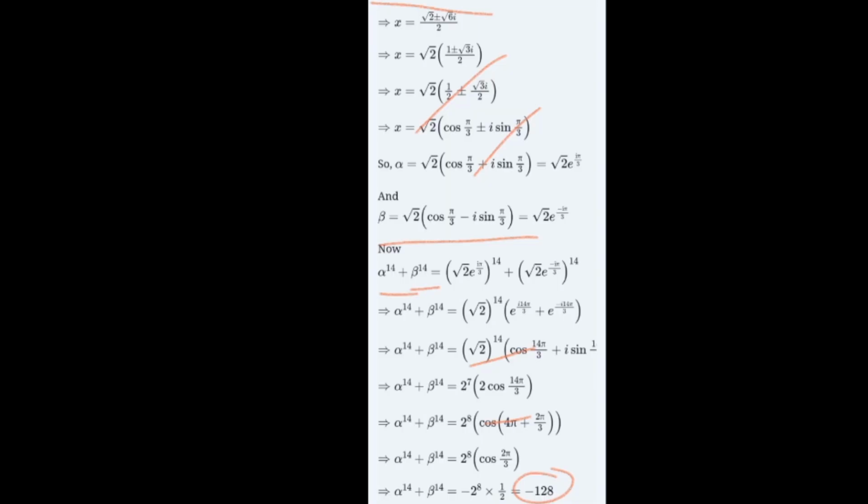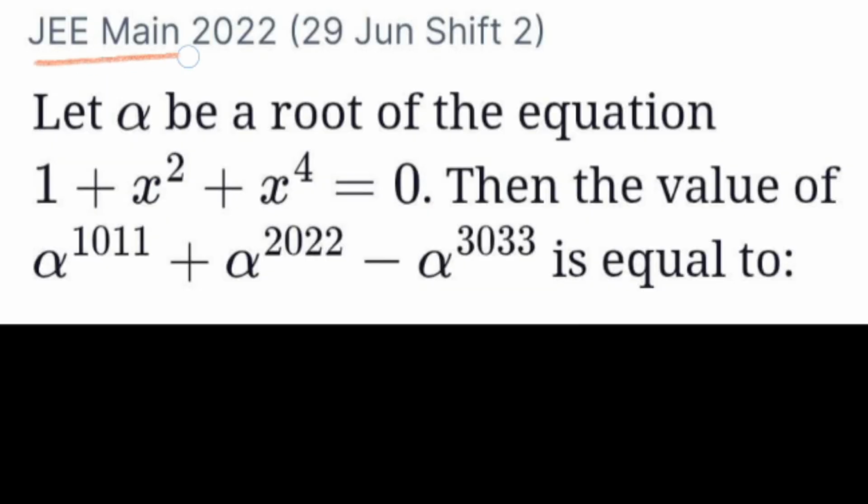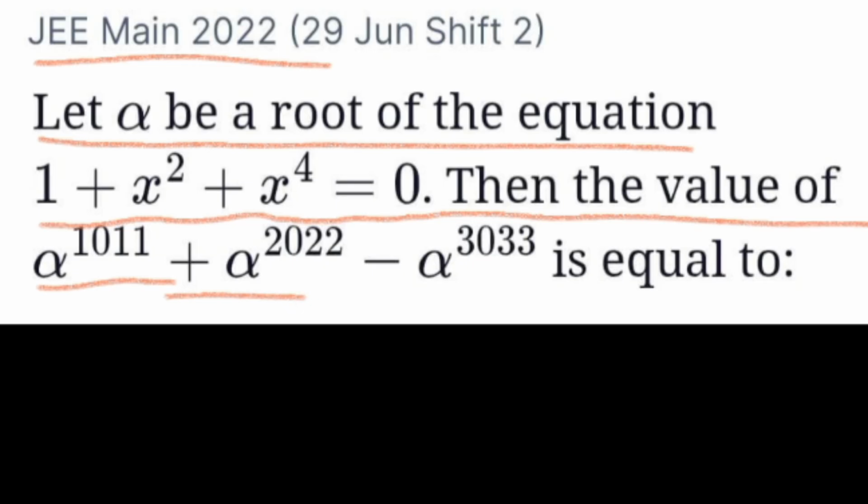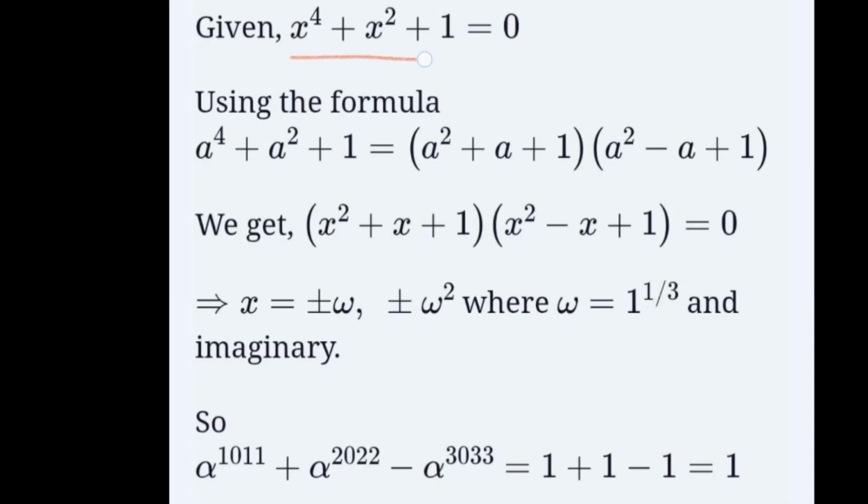So do the homework. Now JEE Mains 2022, let alpha, beta be the roots of the equation 1 plus x square plus x power 4 equal to 0. Then the value of alpha power 1011 plus alpha power 2022 minus alpha power 3033 is equal to. So given equation x power 4 plus x square plus 1 equals 0.